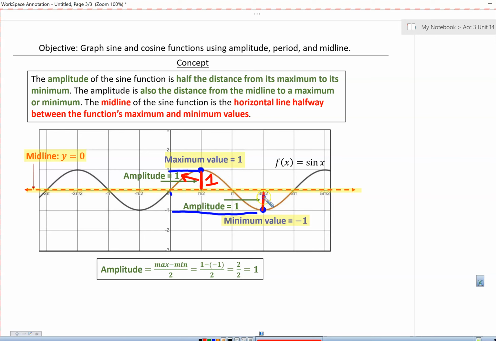This distance, which is 1 unit, is our amplitude. You could also look at your amplitude as half the distance between a maximum and a minimum. If you go from a maximum to a minimum, it's a distance of 2 units, and half of that would be 1. So that is another way of looking at amplitude.